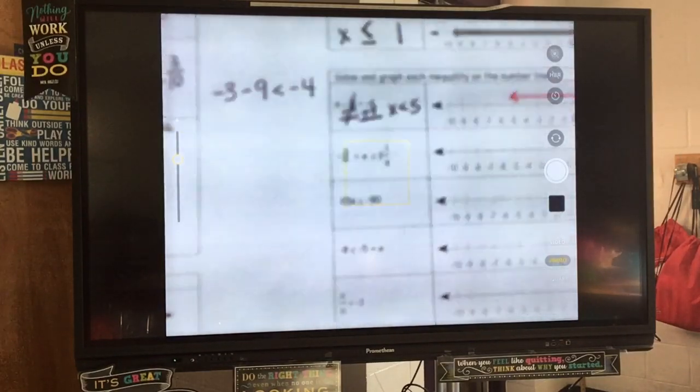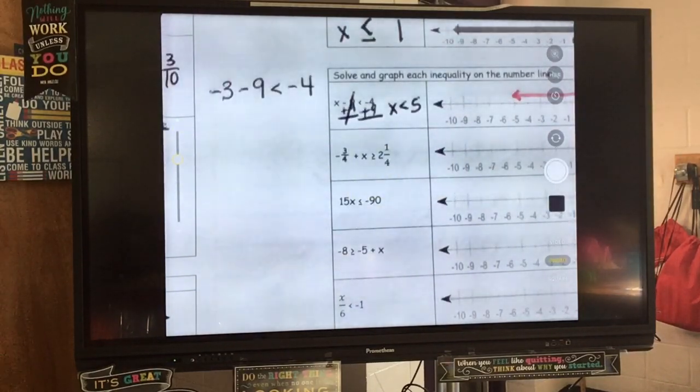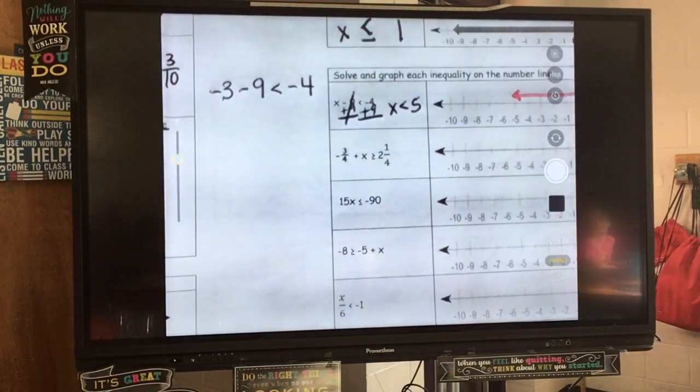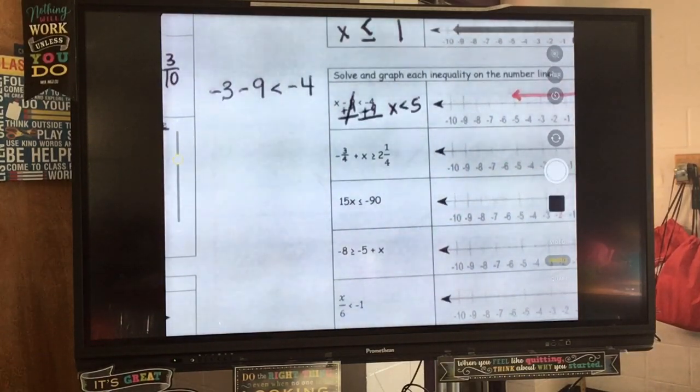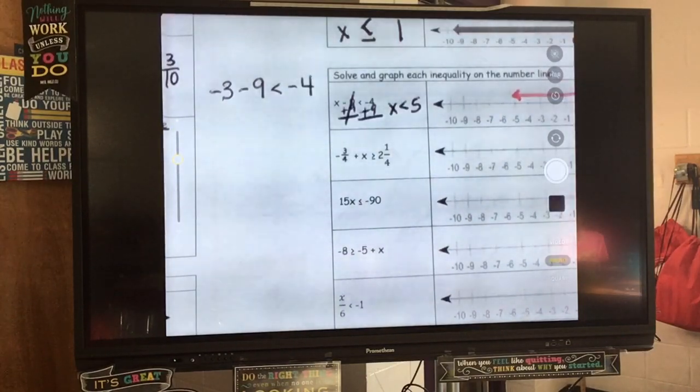I have -3, and I'm subtracting 9 from -3. Am I going to the right or to the left of my number line? I'm going to the left. So 1, 2, 3, 4, 5, 6, 7, 8, 9. This is -4, -5, -6, -7, -8, -9, -10, -11, -12.